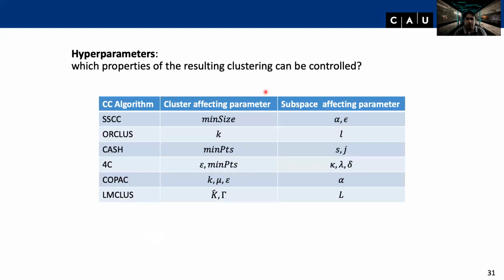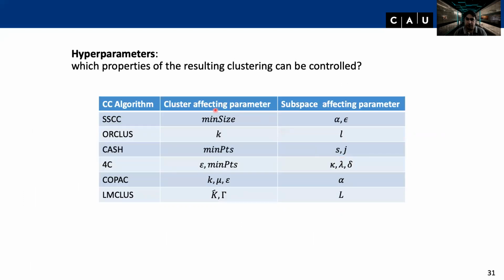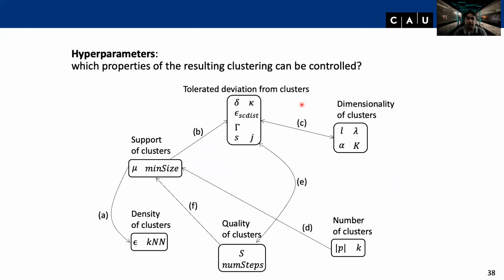And what you should also have in mind is the distinction between cluster affecting and subspace affecting parameters. So through this parameter-centric definition of subspace clustering, you find a partitioning such that these cluster and subspace affecting parameters are satisfied. These 2 categories, cluster and subspace affecting, and these different categories, tolerated deviation, dimensionality, and so on, are things to keep in mind.